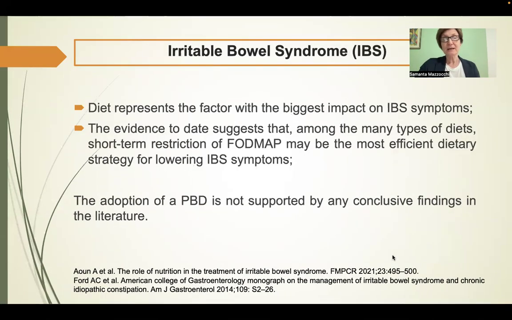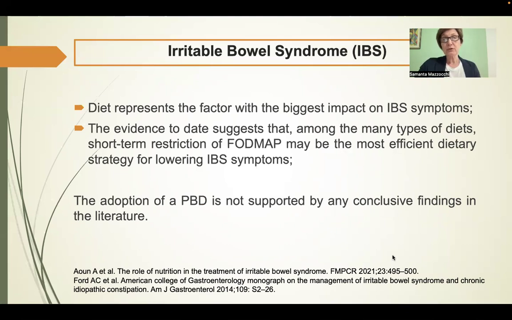IBS, irritable bowel syndrome, is a functional gastrointestinal disorder that has a high impact on quality of life. Diet represents the factor with the biggest impact on IBS symptoms. The evidence to date suggests that among the many types of diets, short-term restriction of FODMAP may be the most efficient dietary strategy for lowering IBS symptoms.